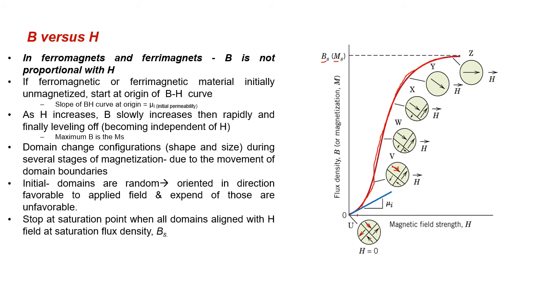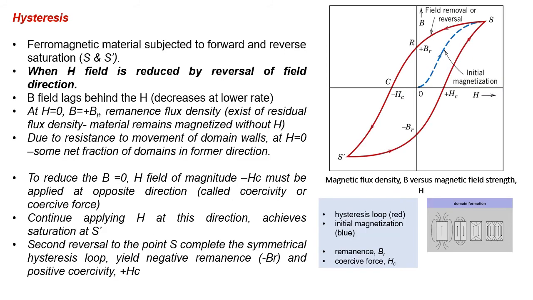Then the most favorable direction will grow and grow until all the domains align to the direction of H. So this was achieved at the Bs or the Ms.